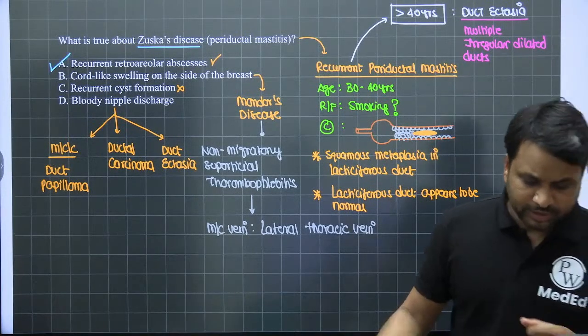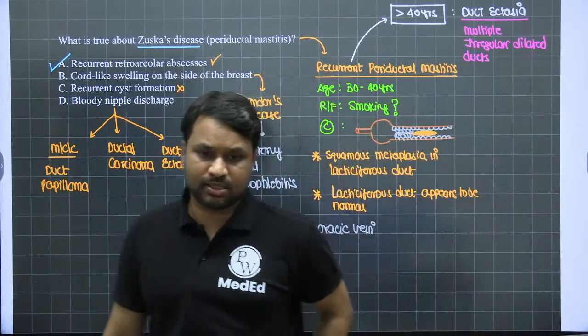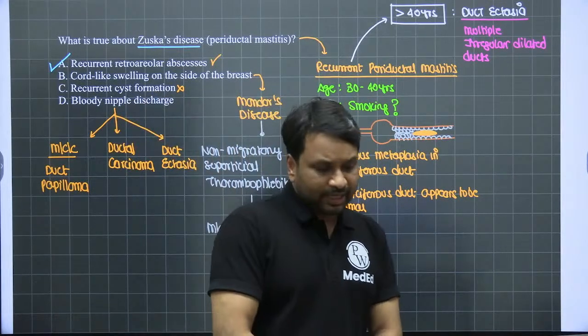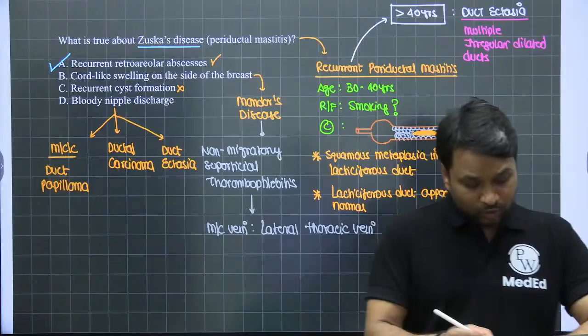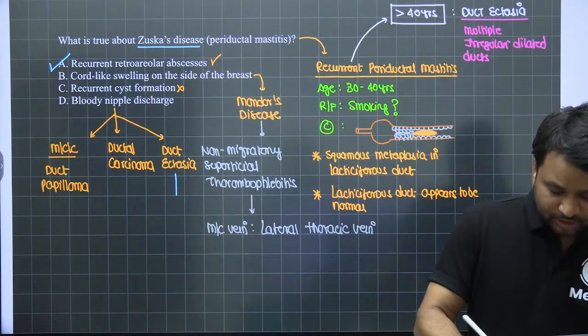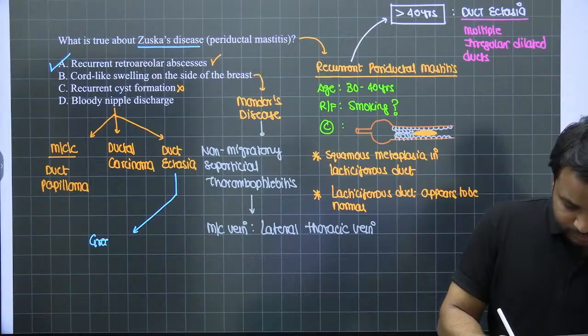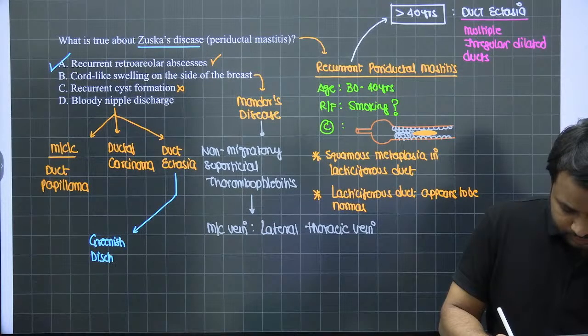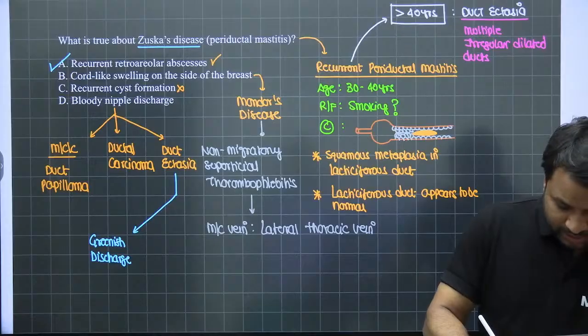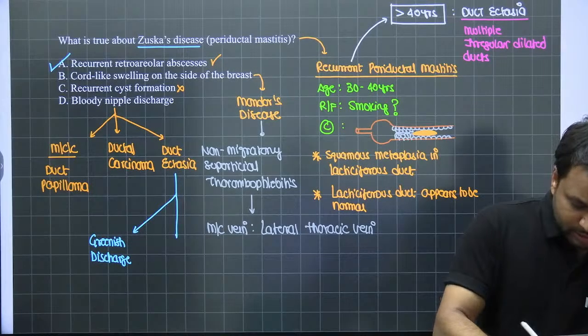So the answer here is recurrent retroareolar abscess. Duct ectasia can also be associated with greenish nipple discharge. They can also have black or brownish nipple discharge.